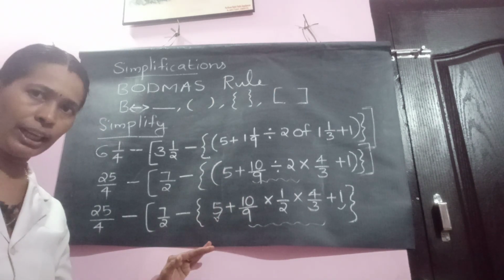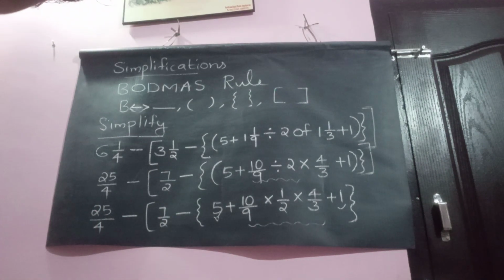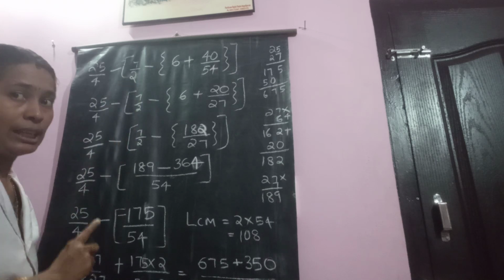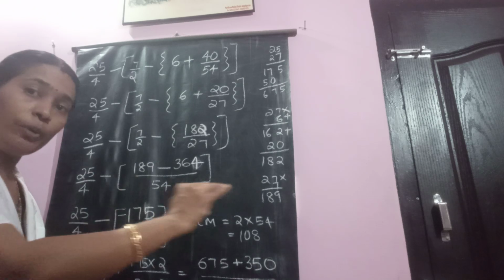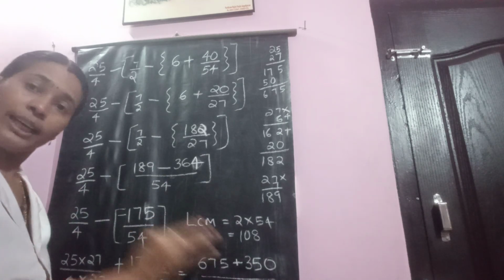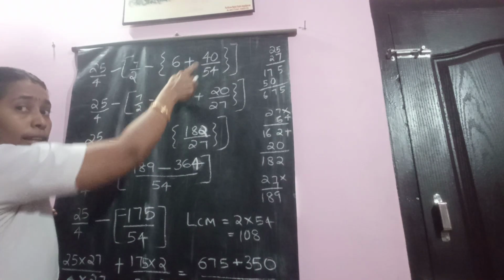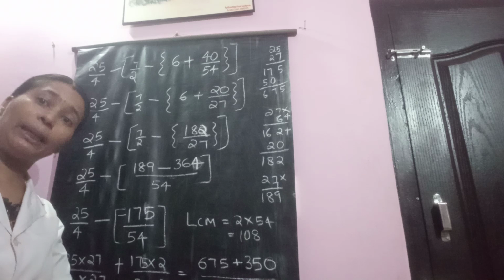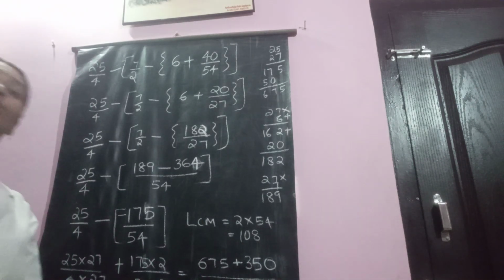Up to this is it clear to you? First 2 has no change. So let us continue with the same. Okay. So let us continue. So teacher told you 5 plus 1, 6 teacher written. Remaining 3 teacher multiplied all the numerators, multiplied all the denominators. Isn't it? That's why teacher got which one? 40 by 54. 10 by 9 into 1 by 2 into which number remains? 4 by 3.